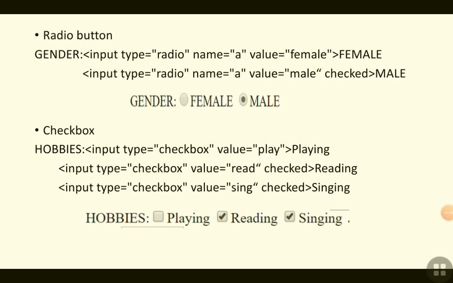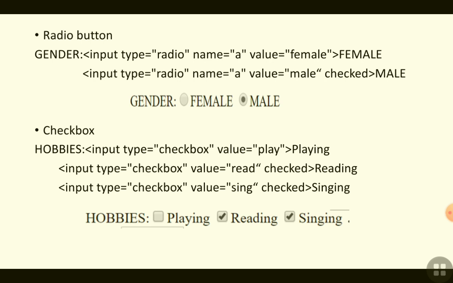Next element is the radio button. For the radio button we have input type equal to radio. Just as I said, a radio button is a toggle button. To create that toggle, we have two attributes, name and value. Please pay attention here. To create the toggle, the name should be the same, but the value should be different.